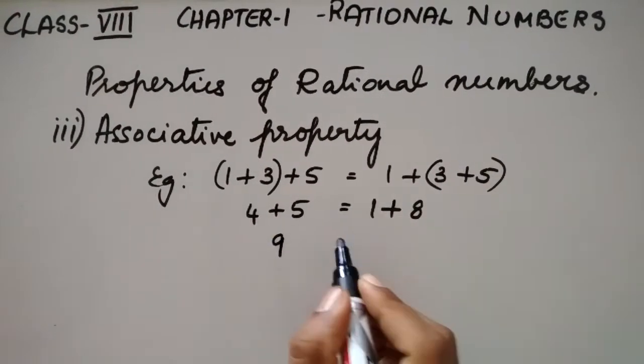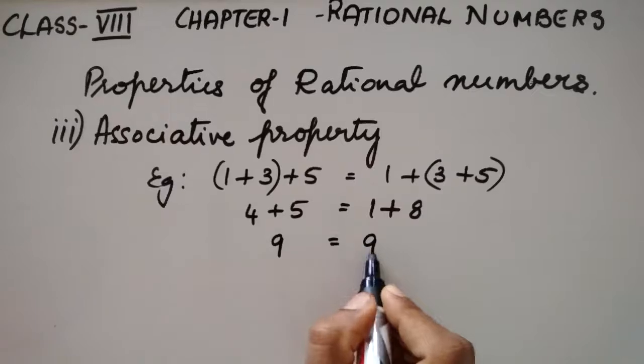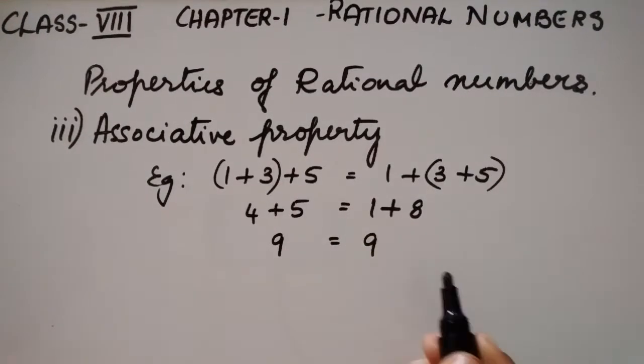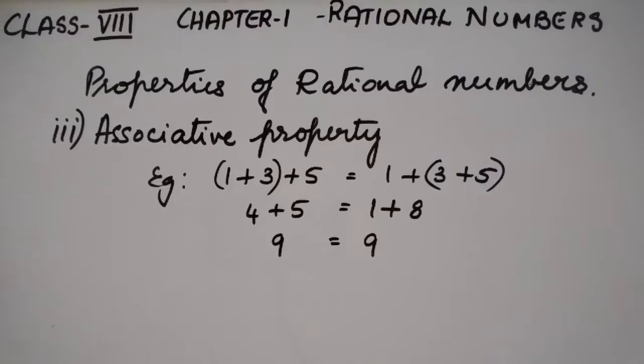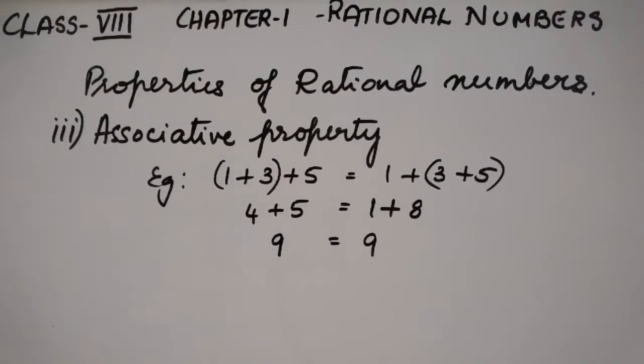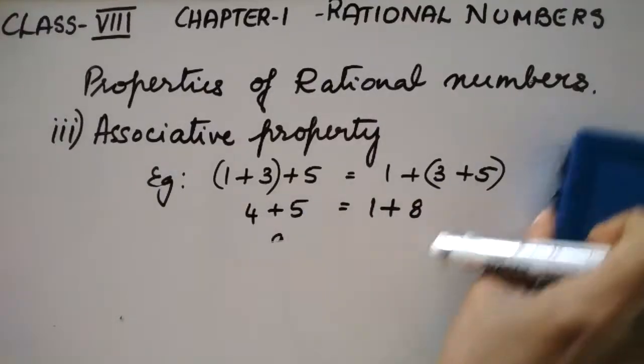So 4 plus 5 is 9, 1 plus 8 is 9. So this way we check the associative property of the numbers. Now let us check whether associative property is applicable under addition for rational numbers.